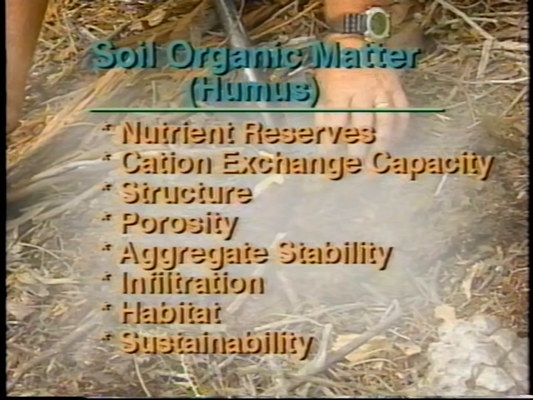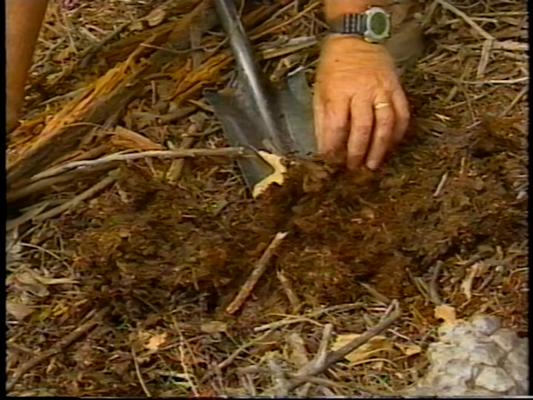This is one measure of the soil's ability to hold plant nutrients and resist chemical change. It is important in the formation of soil structure, creates soil porosity, causes aggregate stability, and enhances water infiltration and retention. It provides habitat for soil organisms, and it is key to the sustainability of forest ecosystems.